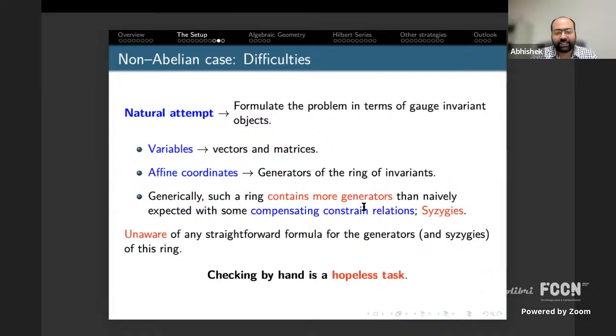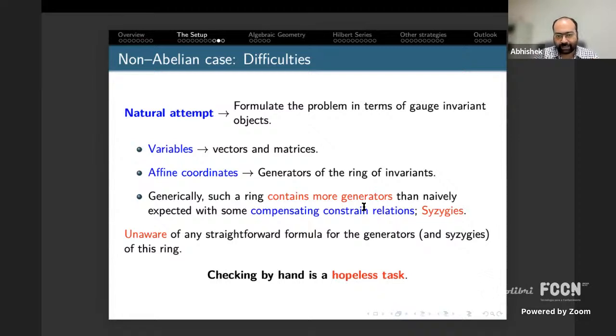So because of this, we are really not aware how to actually do this kind of counting in a non-abelian setup. How to figure out the minimal set of generators in the non-abelian case, which will span the vacuum manifold.